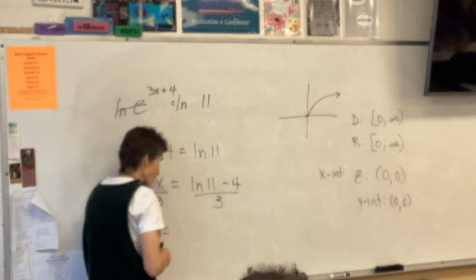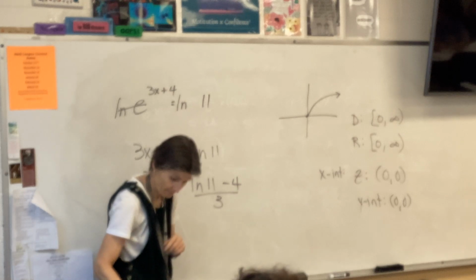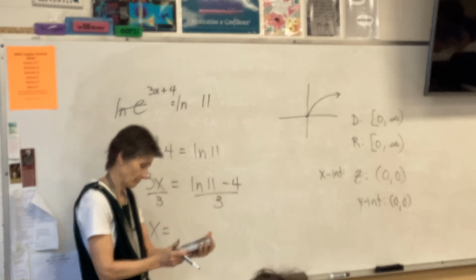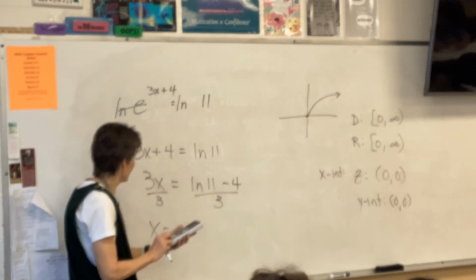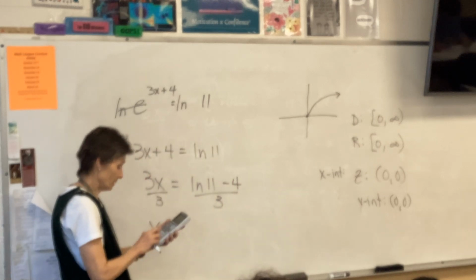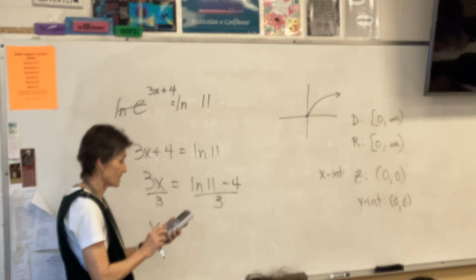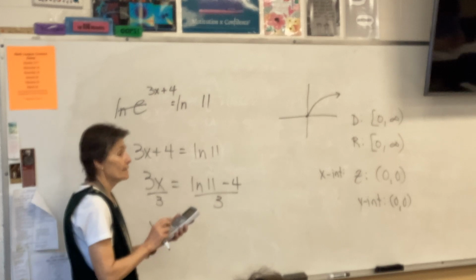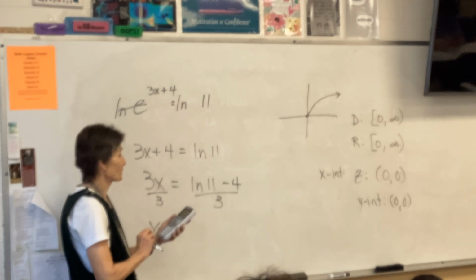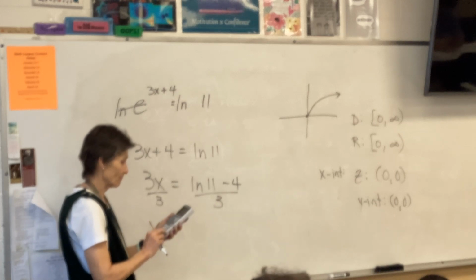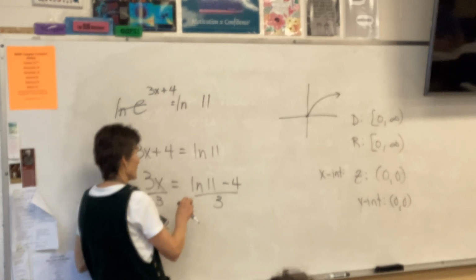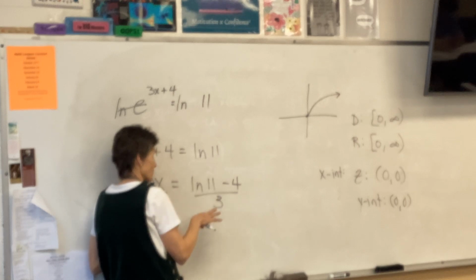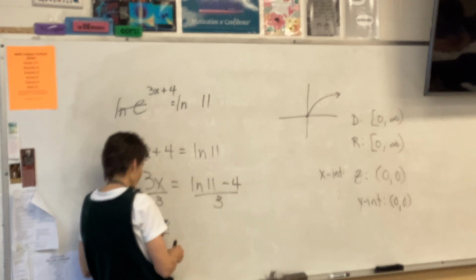All right, so let's type this in, make sure we can. So ln 11, close parentheses, minus 4 equals divided by 3. This one's a little tricky. You have to put in your whole numerator and your equals, and then divided by 3.